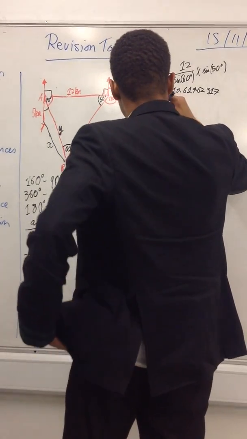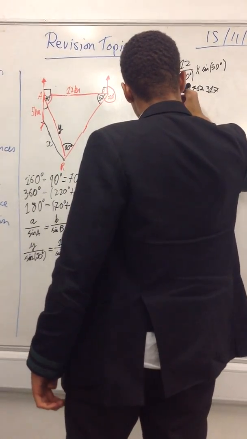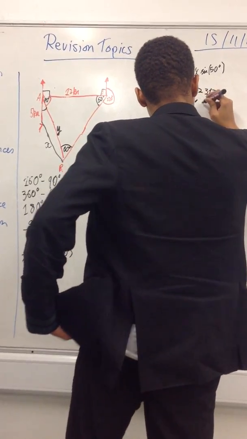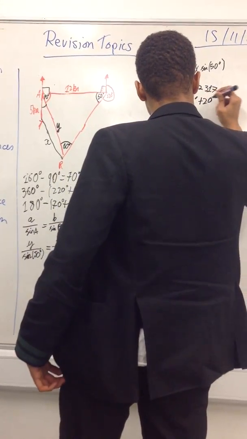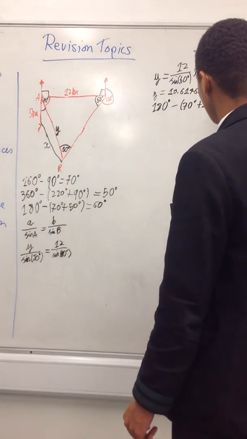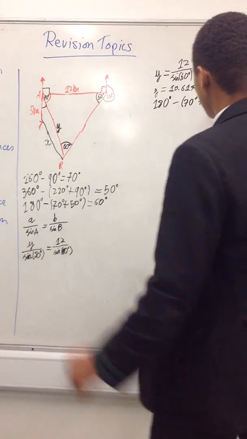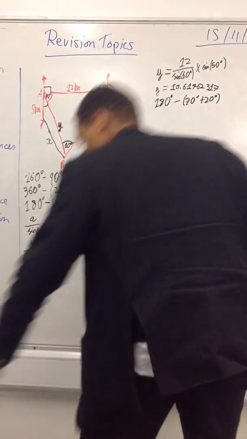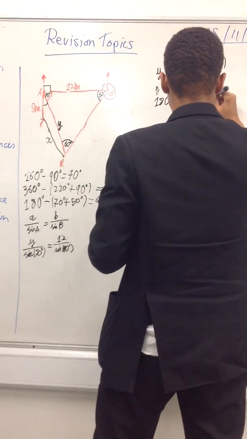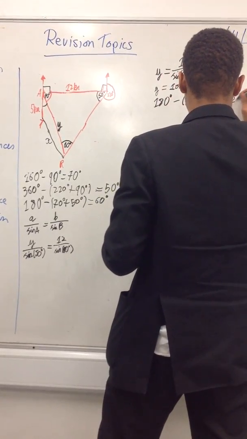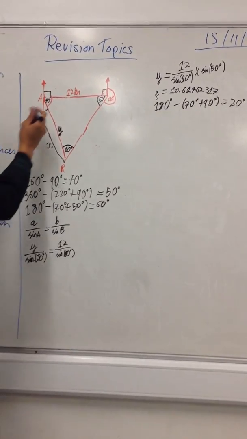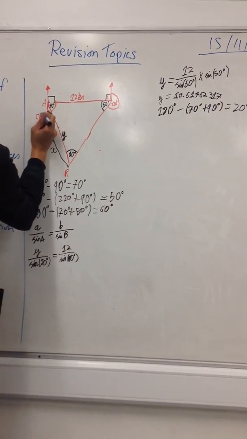So 180 minus 70 add 90 equals 20. So this angle here is 20 degrees.